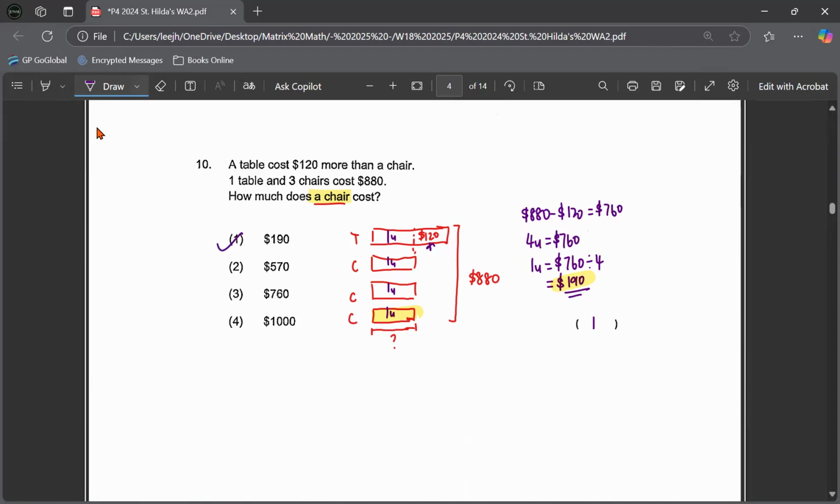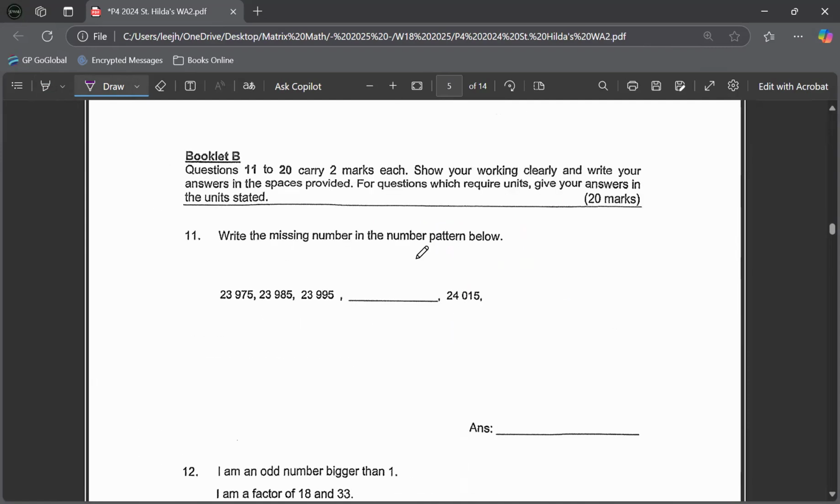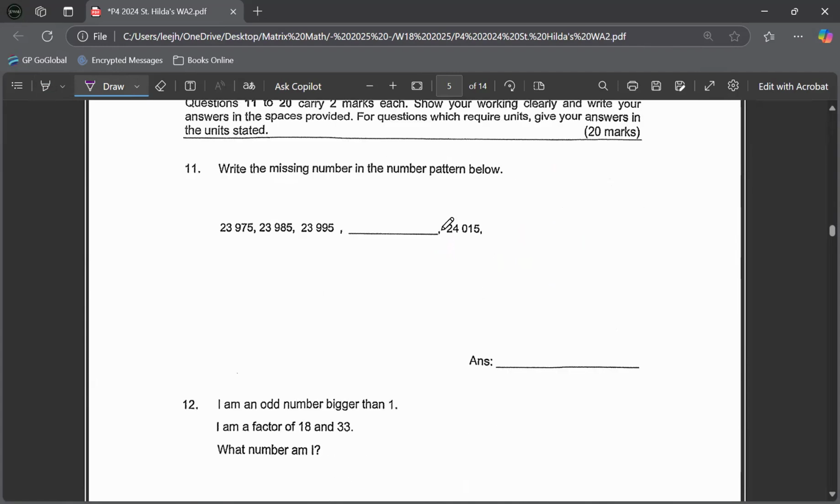Okay. Moving on to question 11. Oh, section B. Okay, booklet B. So, question 11, write the missing number in the number pattern below. So, if you look at these numbers, if you observe carefully, the numbers actually increase as they go along, not decrease. So, let's look at the first two numbers. From this to this, how much did it increase?